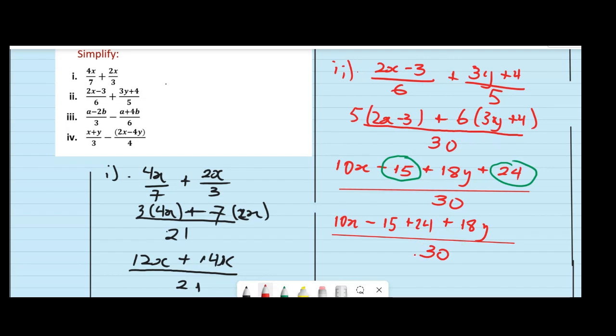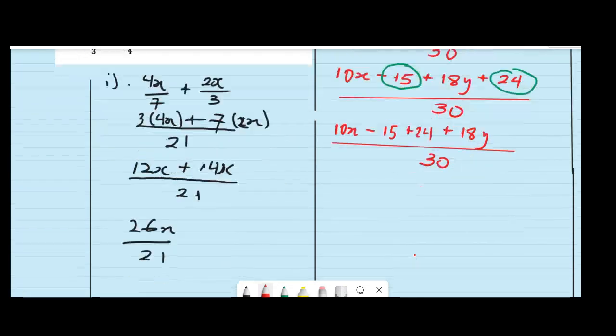Okay, so let's continue from here. Okay, so now we have 10x. So negative 15 plus 24. That means we're going to get a positive answer. So negative 15 plus 24 will give us positive 9.